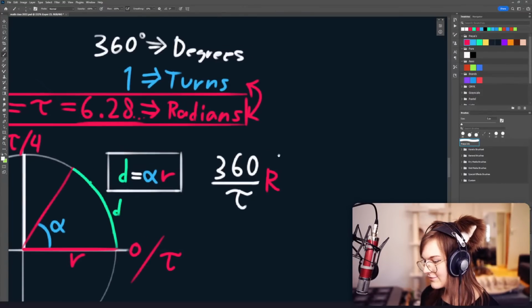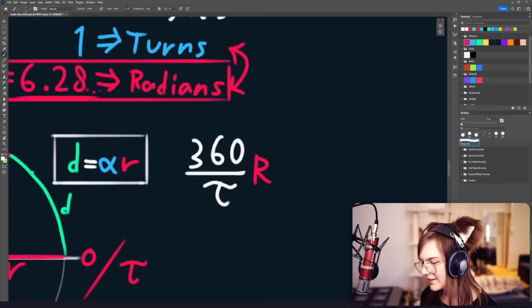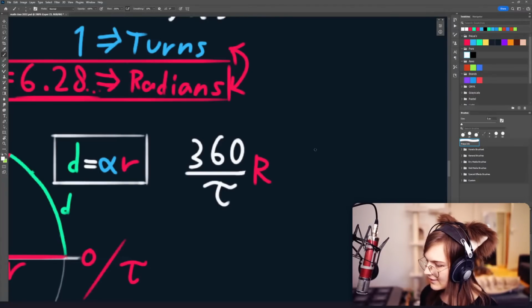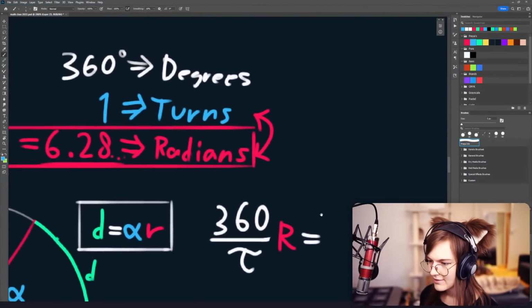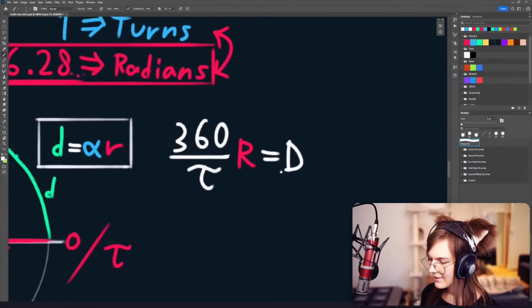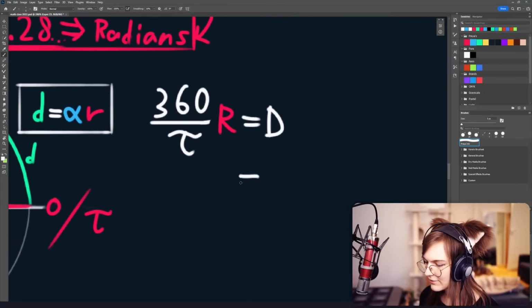So in practice, if you want to do this in code, you generally just multiply either your radians or your degrees by some function, right? So we can do this in the opposite way. Let's say degrees were white. So D is our degrees. If you want to do this the other way around, you just flip the equation around.